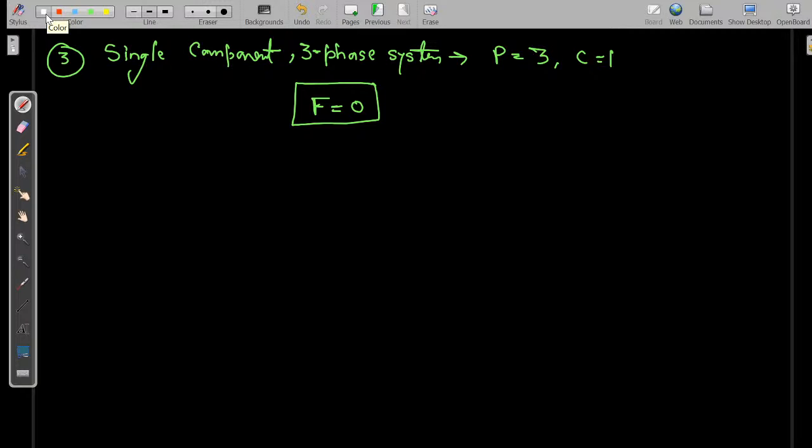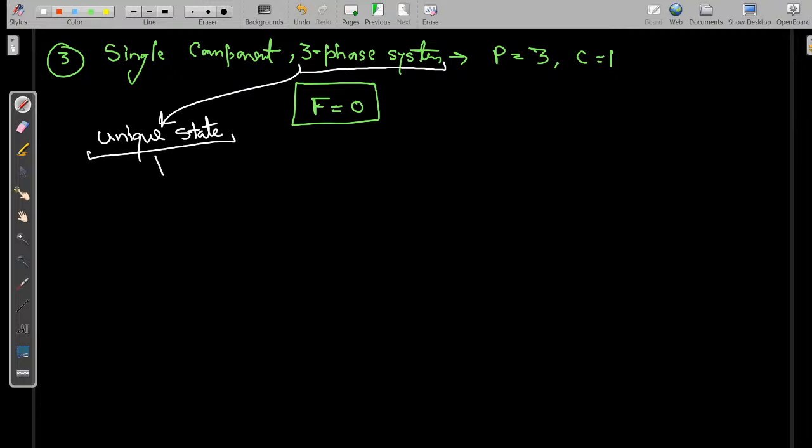Why is that? We don't need any property to define the system. That is why, because this point where all the three phases are coexisting is a unique point, a unique state.